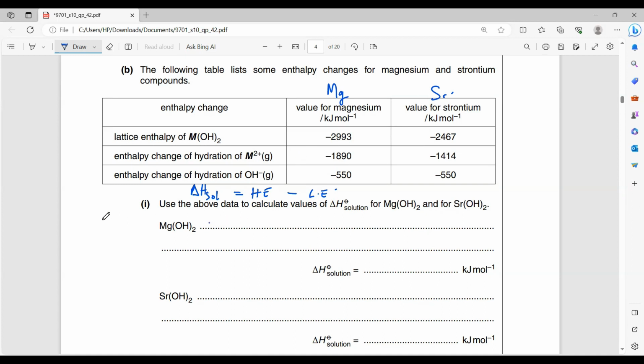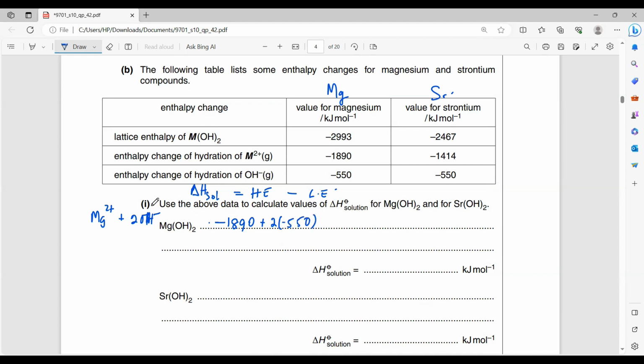You have Mg2+ and 2OH-. Mg2+ is minus 1890, plus 2 times minus 550, since the value is negative.